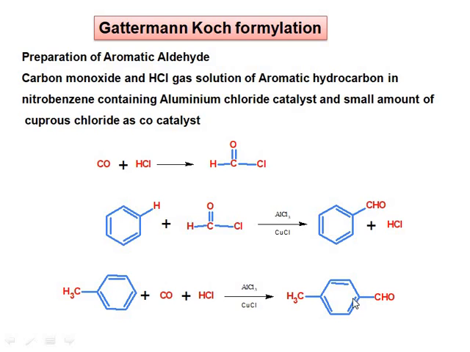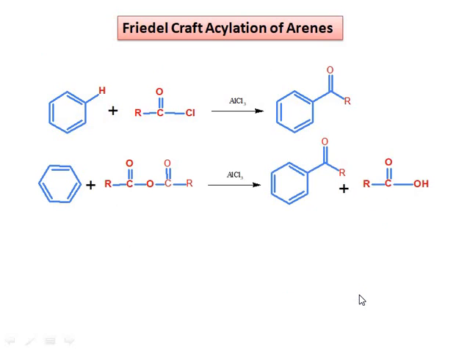So the aldehyde group is attached at this position to form a molecule having an aromatic aldehyde. These two reactions show the Gattermann-Koch formylation reactions. One thing is very important: by using these reactions, we prepare aromatic aldehydes.